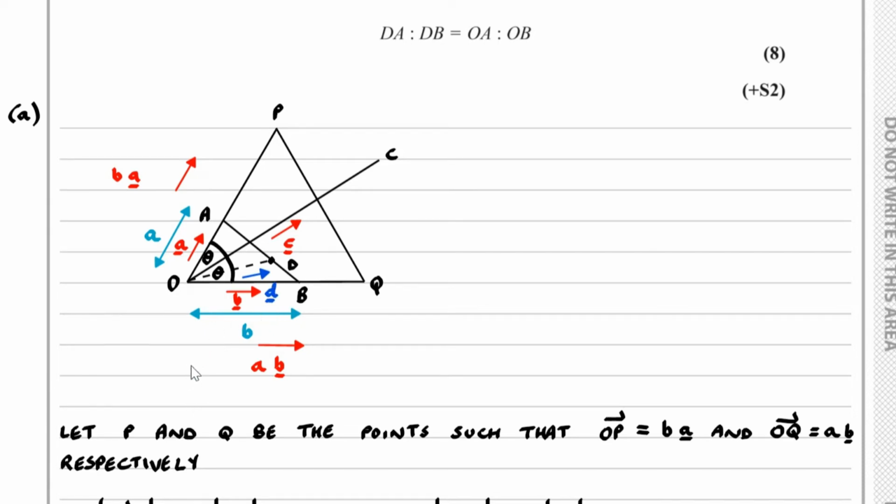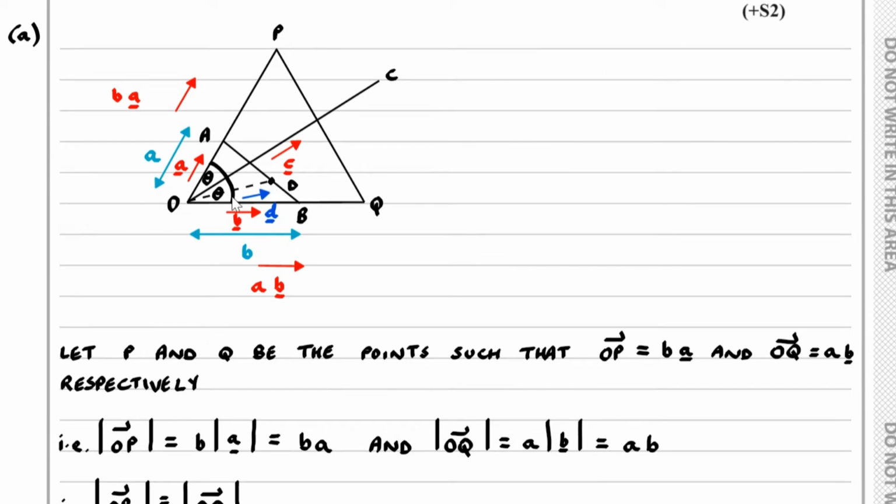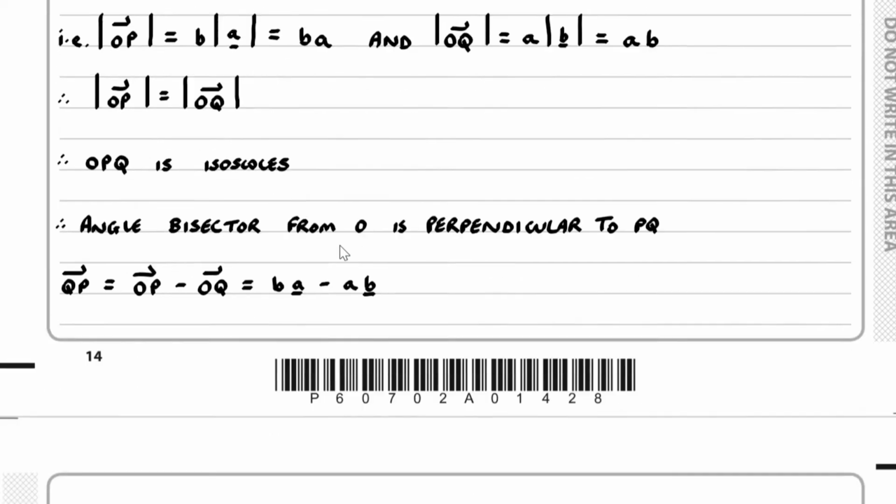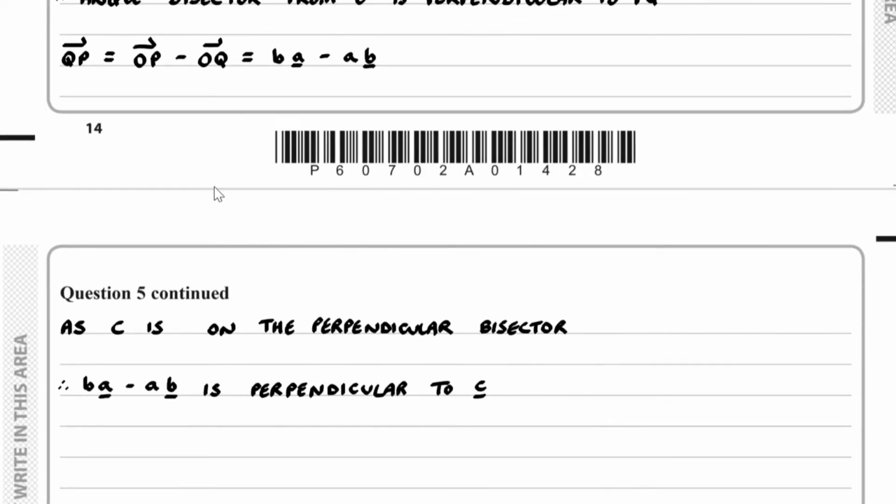So, to go from O to D, we could go O to A and then A to D. But the problem is we don't know what AD is.